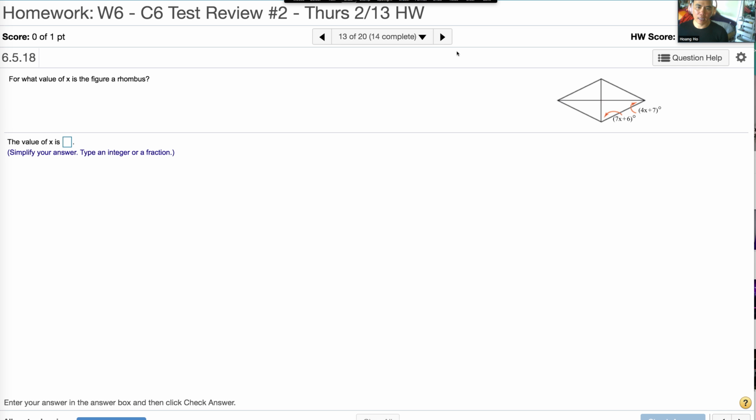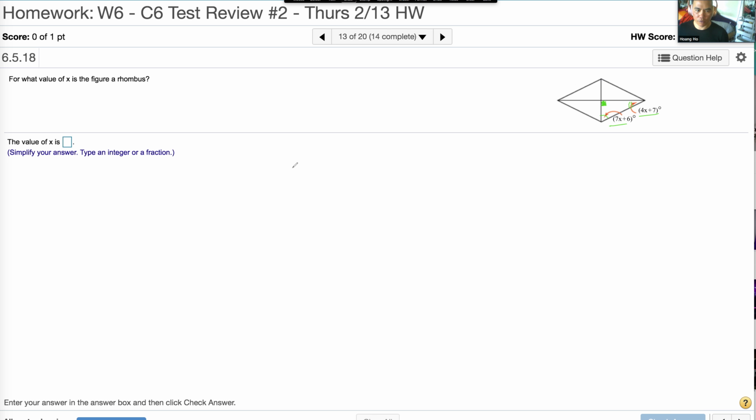So again, in the rhombus, the two diagonals are perpendicular, so you have 90 degrees over here. And they give you these two angles right here. They are not congruent, you guys. They are complementary, because the three angles in the triangle add up to 180, and this angle right here is already 90. So the two leftover angles have to add up to 90 degrees.